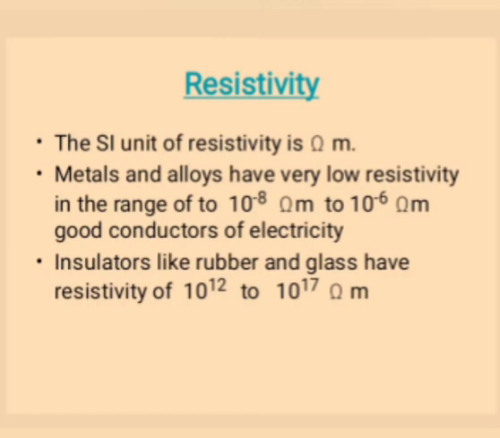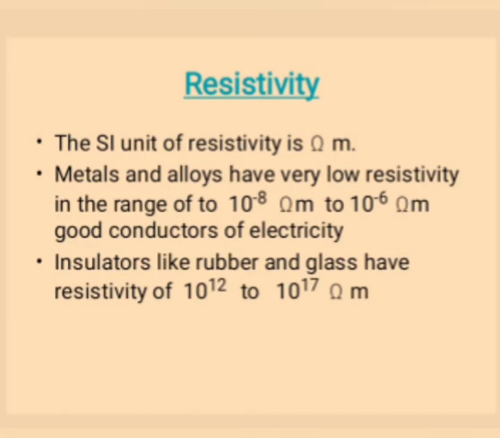The metals and alloys have very low resistivity in the range of 10 to the power of minus 8 ohm meter to 10 to the power of minus 6 ohm meter. They are good conductors of electricity. Insulators like rubber, glass have resistivity of the order of 10 to the power of 12 ohm meter to 10 to the power of 17 ohm meter.